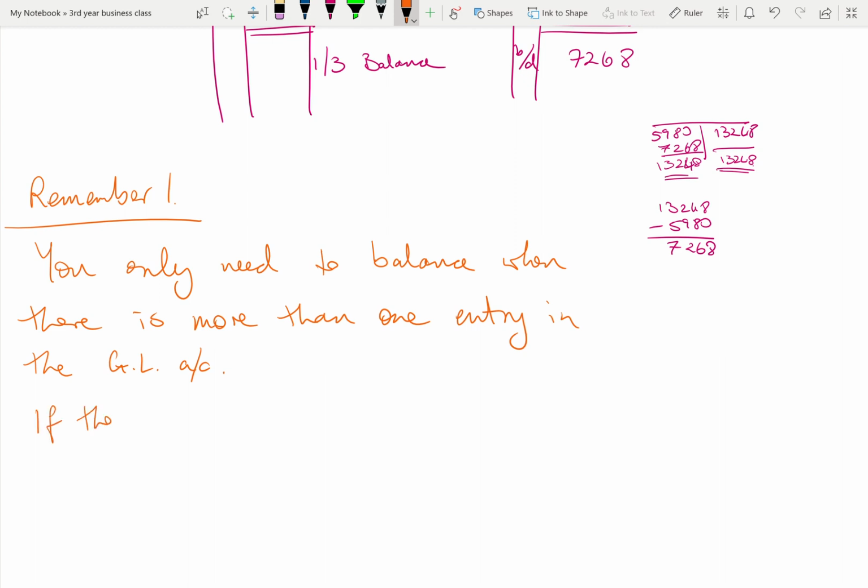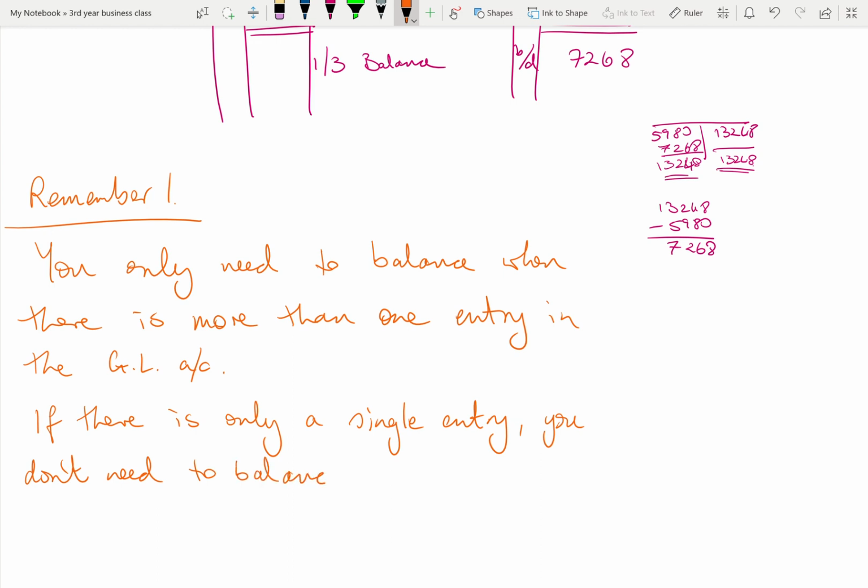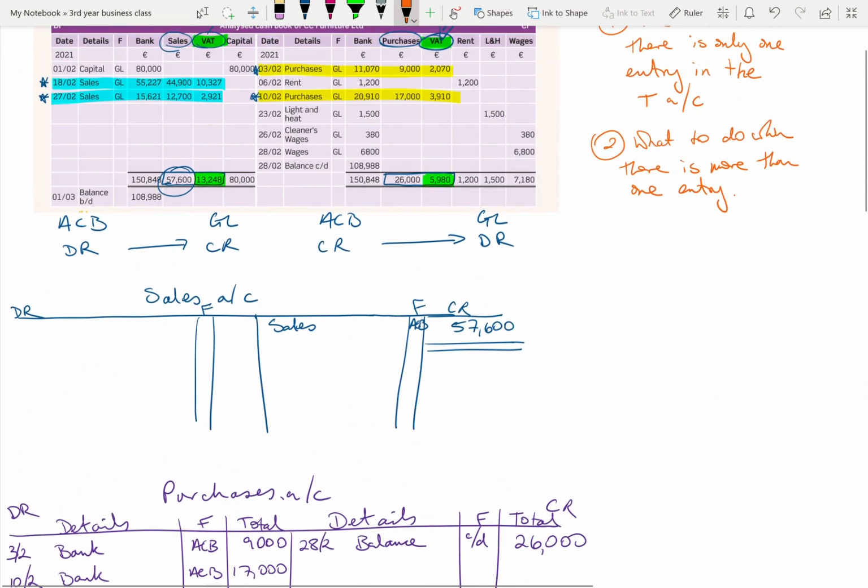If there is only a single entry, you don't need to balance. Okay, I hope that helps. I hope that makes it a bit clearer.